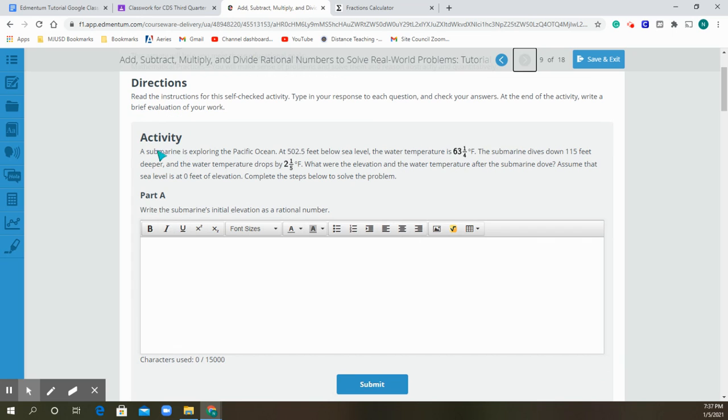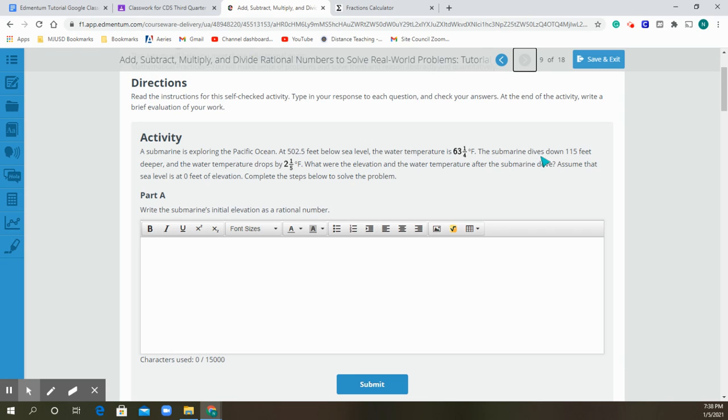So the first question says, then it says activity. A submarine is exploring the Pacific Ocean at 502.5 feet below sea level. The water temperature is 63 1/4 degrees Fahrenheit.